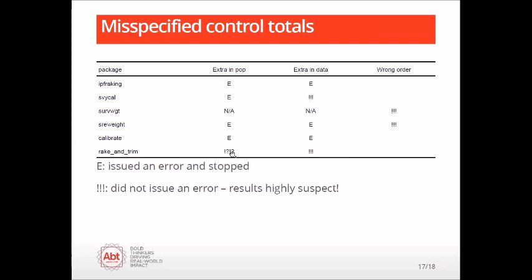So rake and trim SAS macro ran one iteration, stumbled upon something that it didn't like, and exited probably with an error in the log that you can find somewhere in those 14 megabytes of output. For some other errors, it again would run without producing an error message, and I'm not terribly comfortable with that kind of stuff.